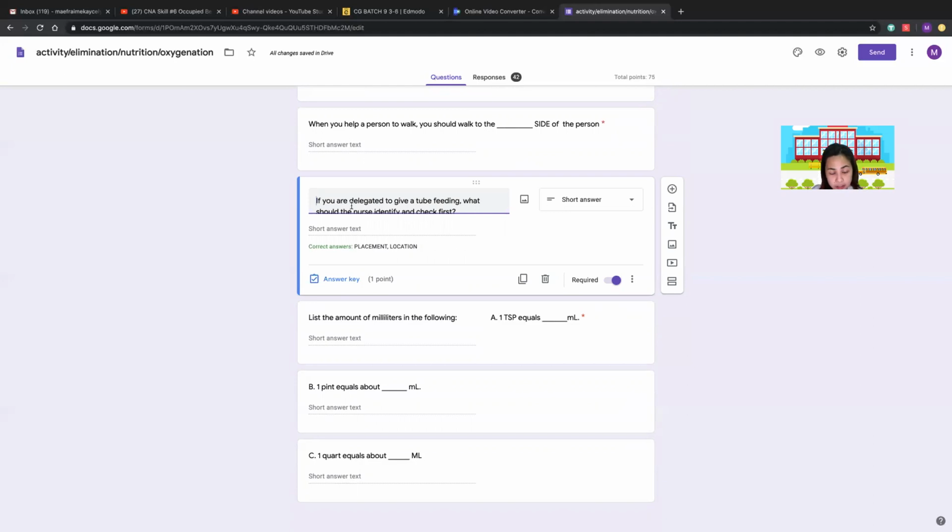Is it in the correct location or placement? So how will you check it? You need to hear the borborygmi sound just below the chest bone, using the stethoscope and using the syringe.